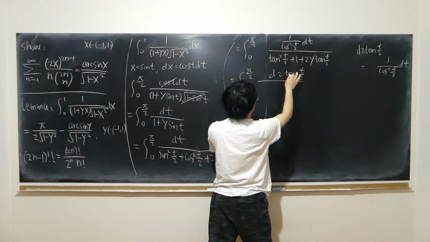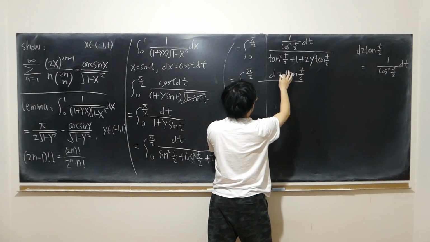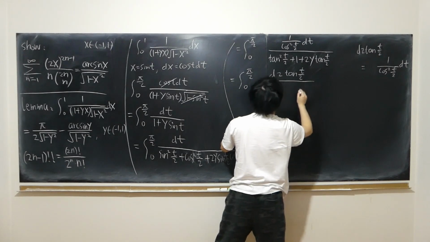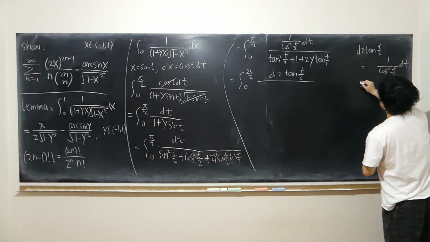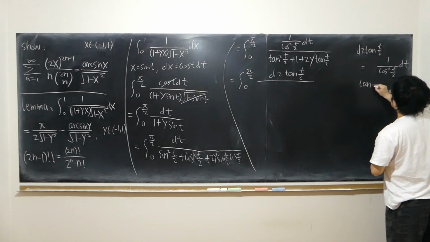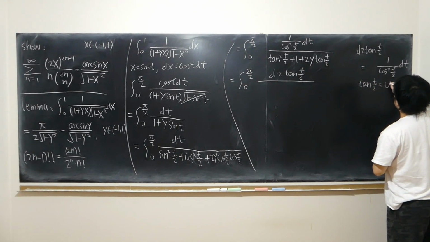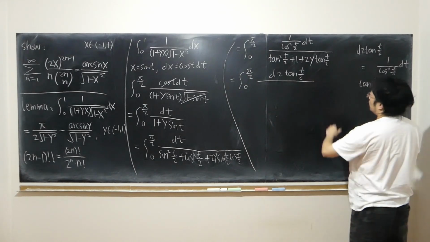Later I can let tangent half t become u, so I can see this as 2 du.